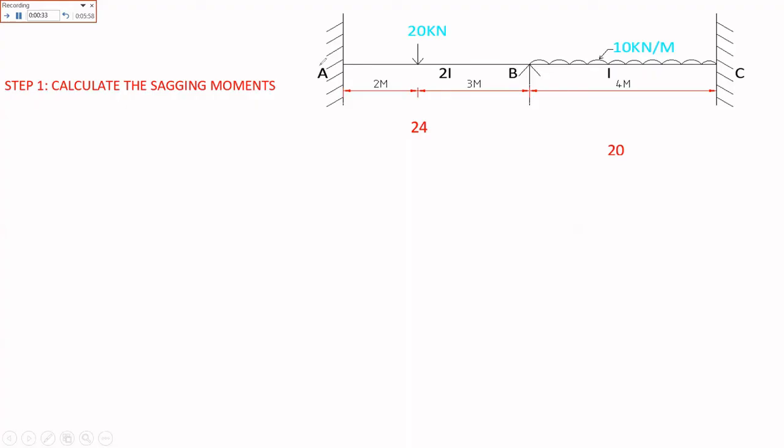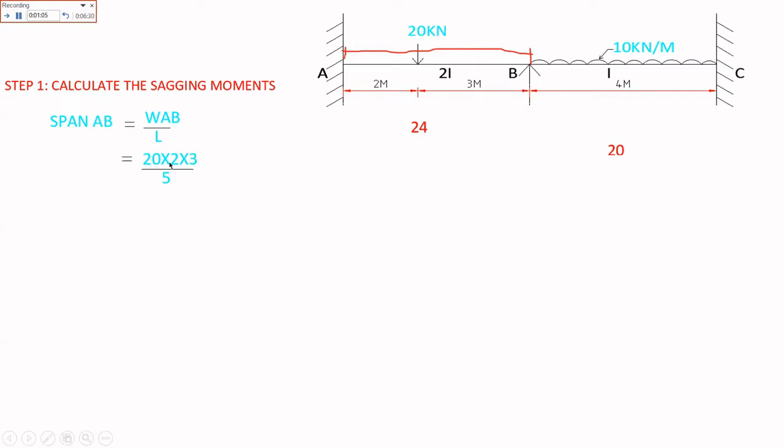The formula for calculating span AB is WAB over L. If you work that out, you'll get 20, this point load, multiplied by A, the distance from here to here, which is 2 meters, times B, the distance from this point load to support B, which is 3 meters.